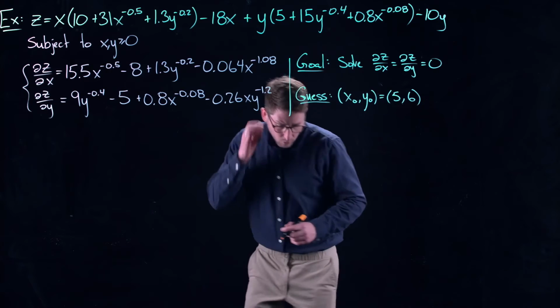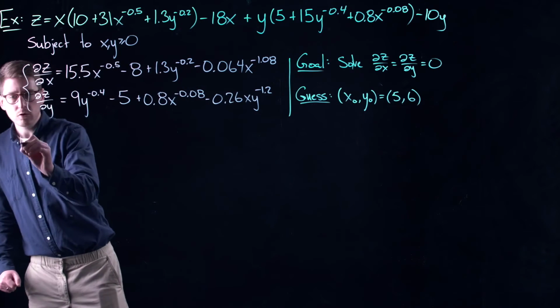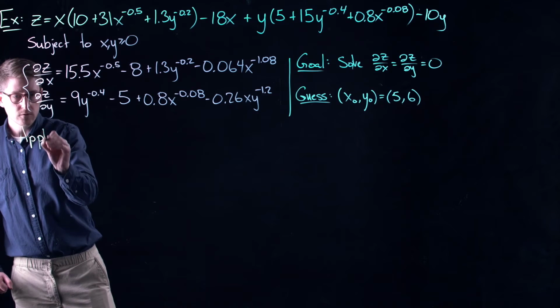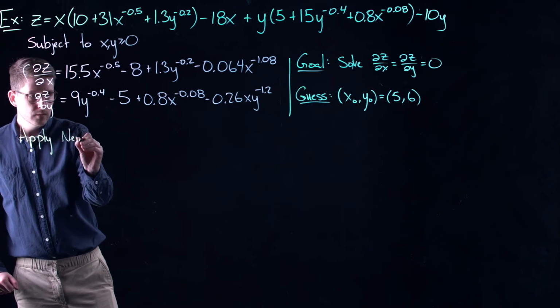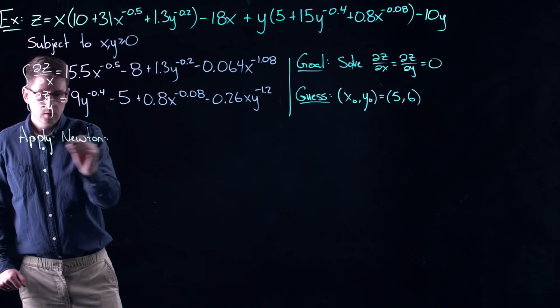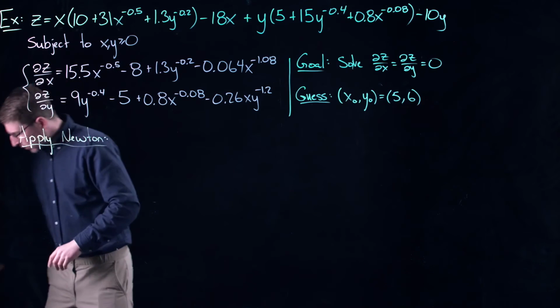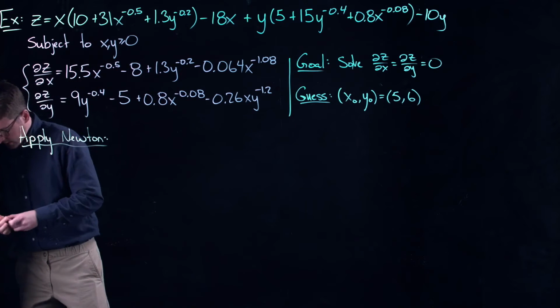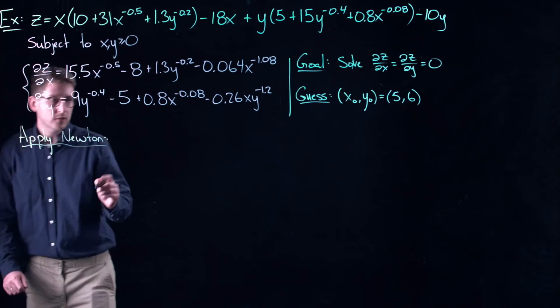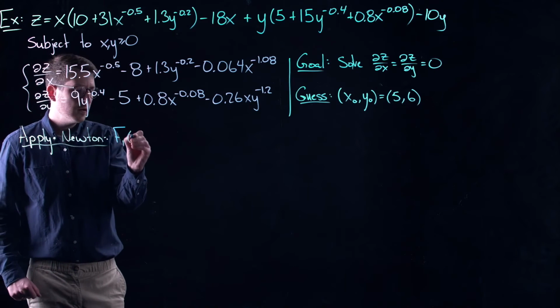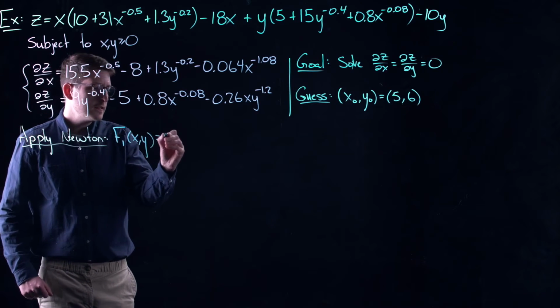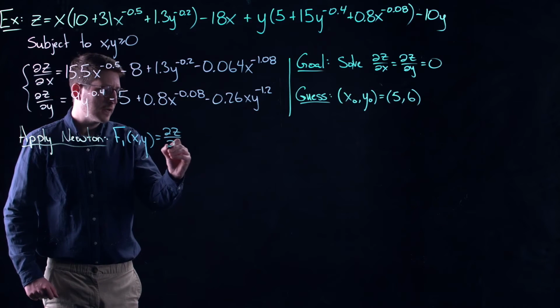Okay, so essentially, I'm going to apply Newton here. And the way that I'm going to apply Newton's method is I'm going to use the first function. So I'm going to say f1 of x, y is equal to the gradient of z with respect to x.